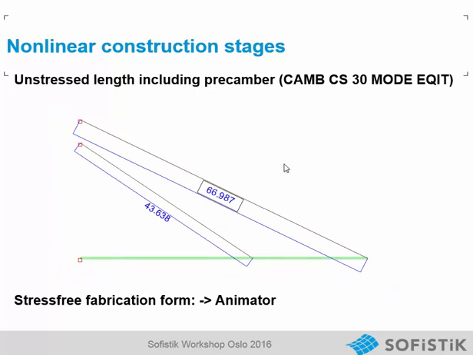It is very important that from this result we now get the stress-free, unstressed length of our cables. In WinGraph we see that at the last stage we can plot the unstressed length, and this is the stress-free fabrication form. So with 66.987 meters we have to fabricate our cable.